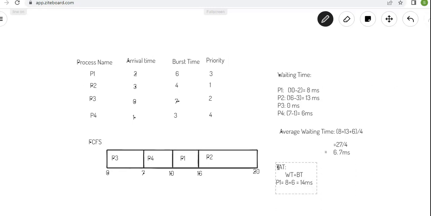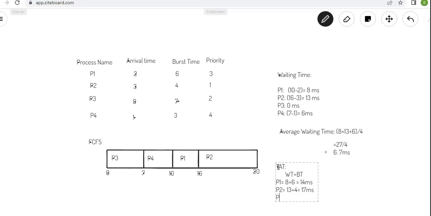Similarly, for process P2, the waiting time is 13, plus the burst time for P2, which is 4. So 17 milliseconds.